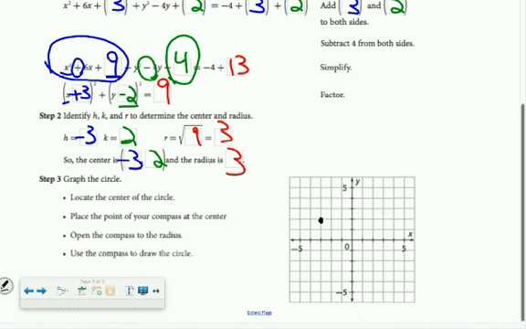If the radius is 3, then I can go 3 spaces to the right, 3 spaces up, 3 spaces to the left, 3 spaces down, and try to sketch a circle passing through those points. It's not perfect, but conceptually, you get the idea, I hope, and that's what's most important.